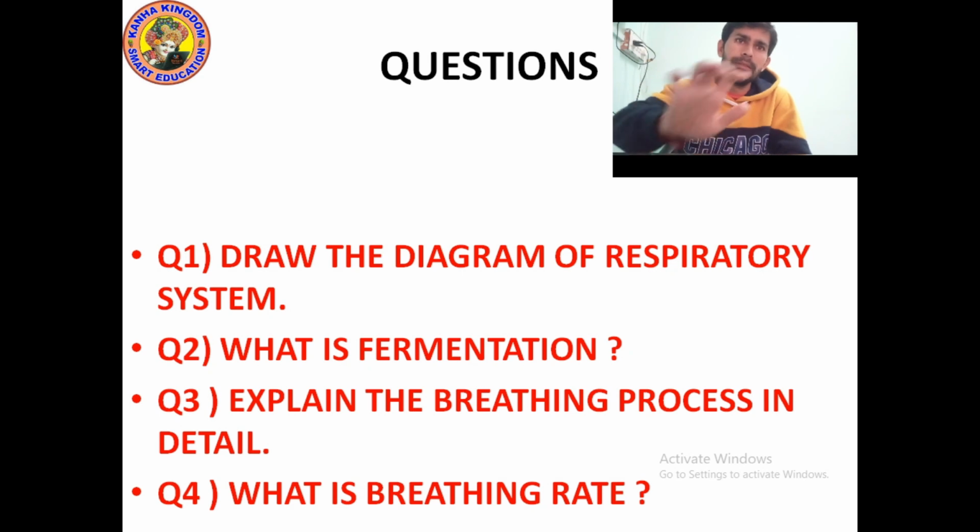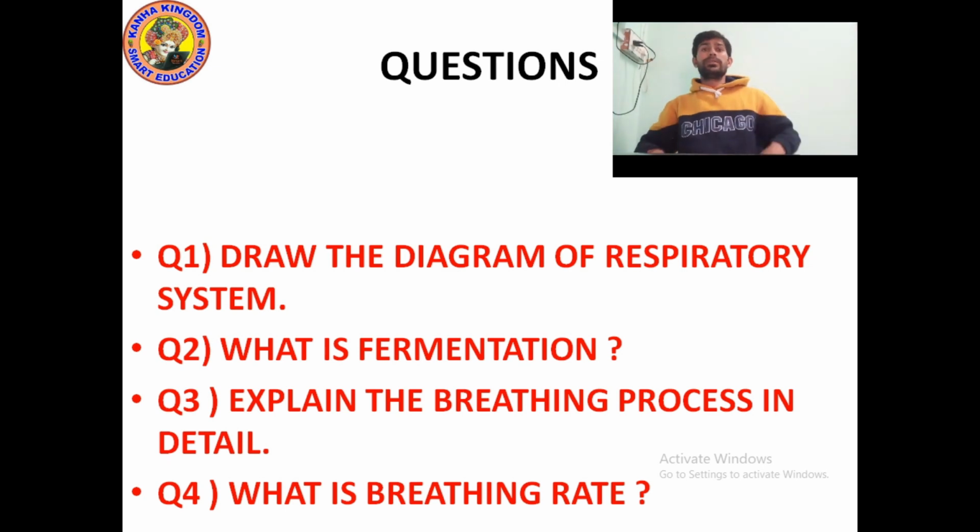Question number 3. Explain the breathing process in detail. The process of breathing involves taking in oxygen rich air and giving out carbon dioxide rich air. This entire process occurs because of the action of various organs of the respiratory system.